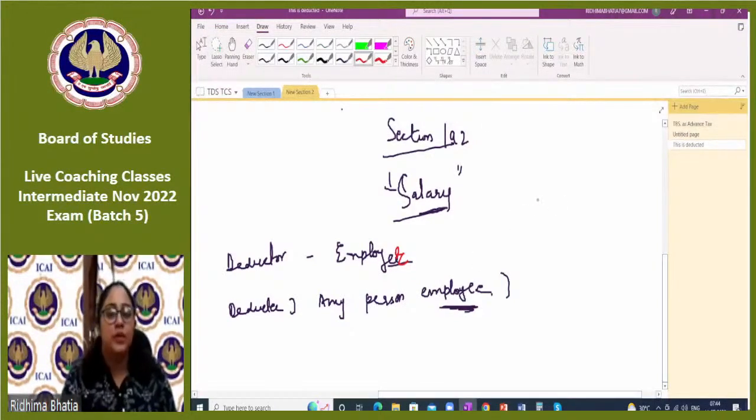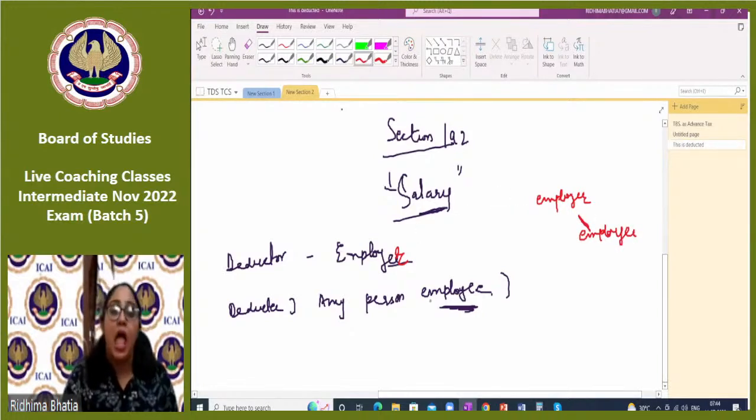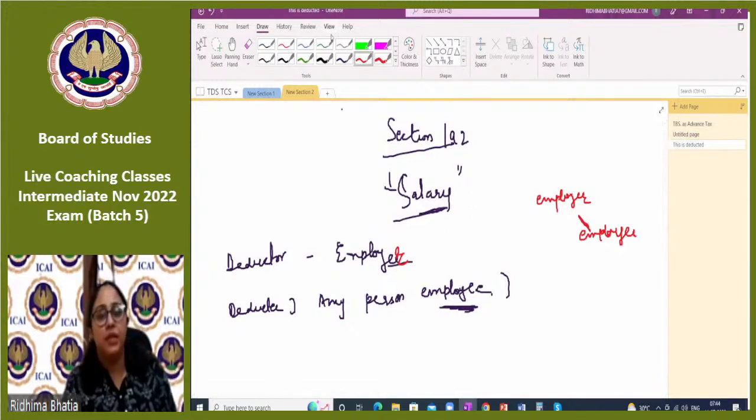Employer-employee relationship. If this relationship is missing and you are making a payment, you will not deduct the TDS under this section. It may be deducted under a separate section, but not under section 192.